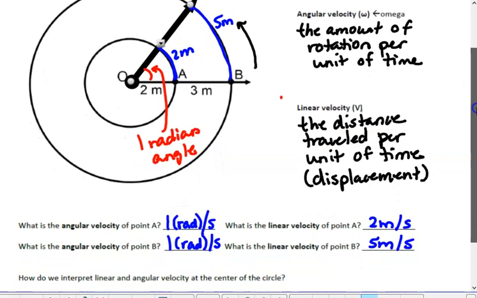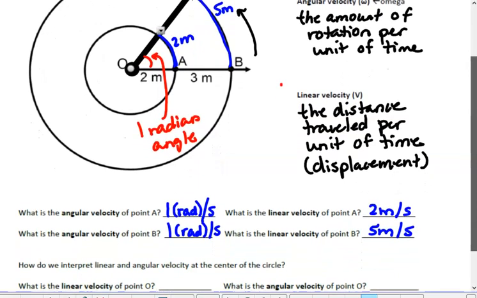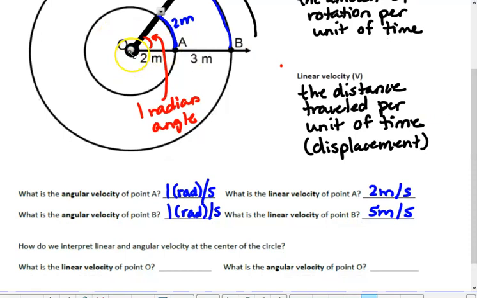Now let's think about what's happening with the person in the center. The linear velocity of the person in the center, well, they didn't go anywhere. They didn't travel any distance. So that's going to be 0 meters per second. So the linear velocity is 0. But the angular velocity, the person rotated the same amount.